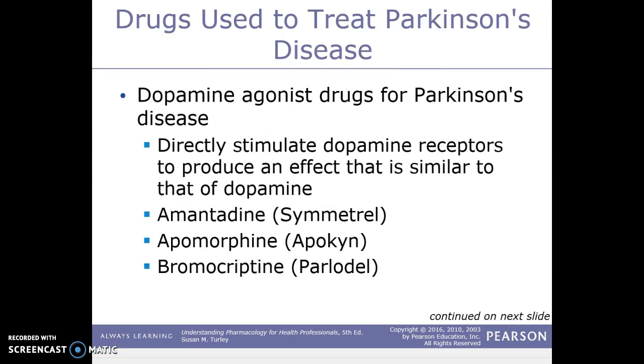Sinemet is the one I see most often, along with Parlodel. So those are the two that I have the most visibility to in the areas that I work. That's what most folks are using. But again, it just depends on what the doc sees and what they want the patient to have. And then, there's going to be a lot of other ones they're going to discuss in this section about Parkinson's, but just know that those are just the ones I'm highlighting for you.